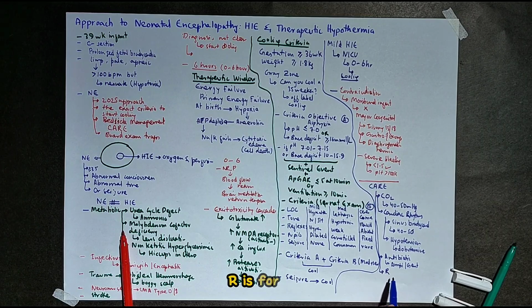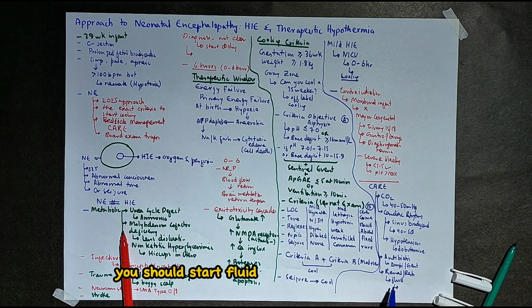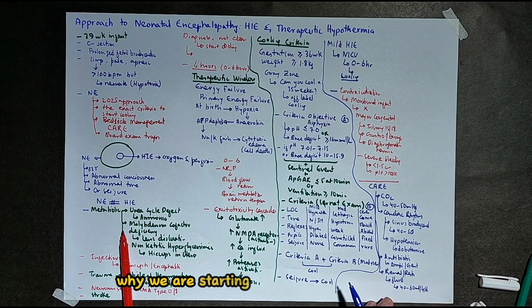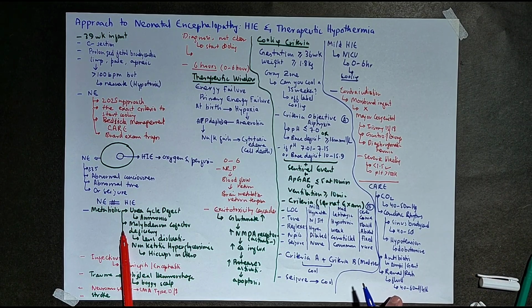R is for renal and restrictions. That is fluid. You should start fluid at 40 to 60 ml per kg per day. Why are we starting at this level? Because the hypoxic brain dumps ADH, which results in SIADH. It can result in ATN because of ischemia.